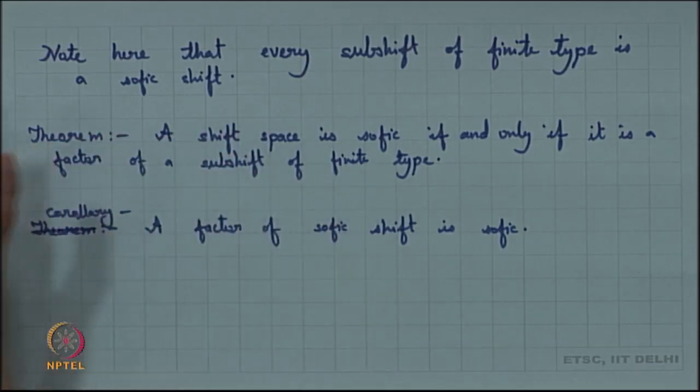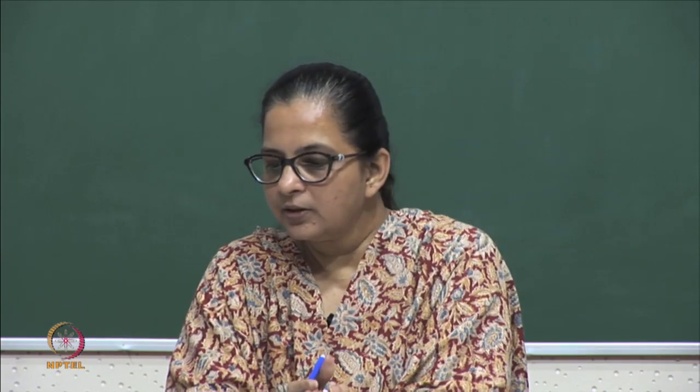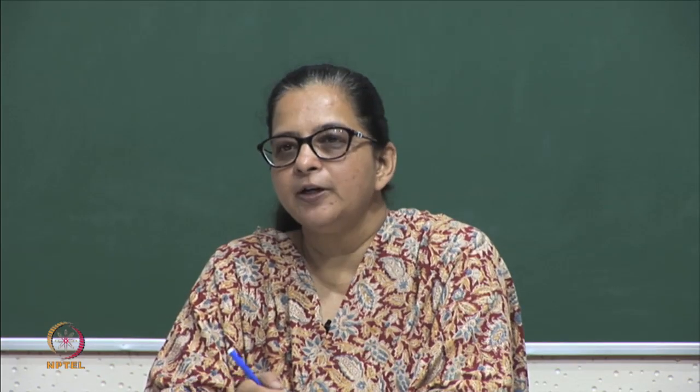So, now we have a very nice class of shifts which is closed under taking factors, and here again we can talk of some properties. This sofic shift is a factor of a subshift of finite type. We already know we can characterize the dynamical properties of a subshift of finite type just by looking at the matrix.